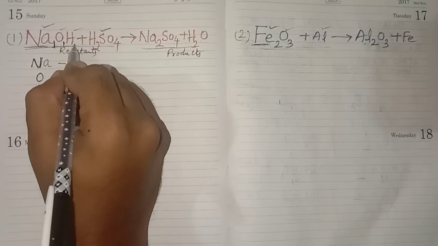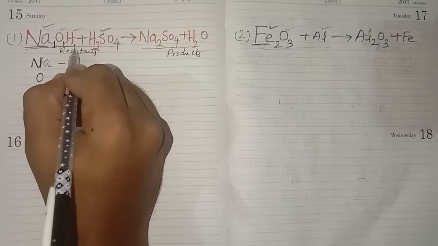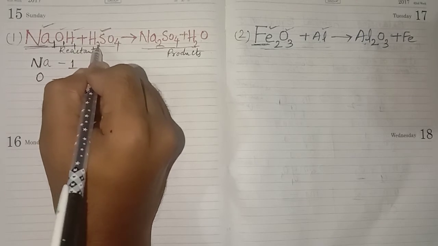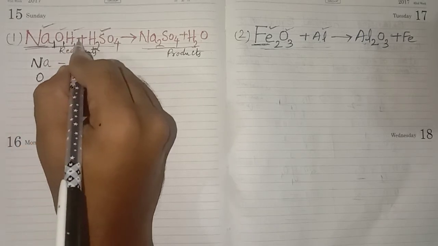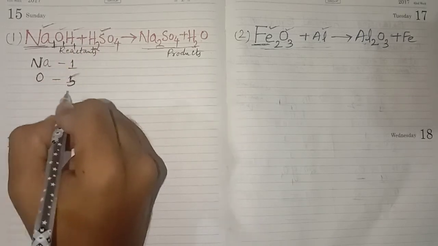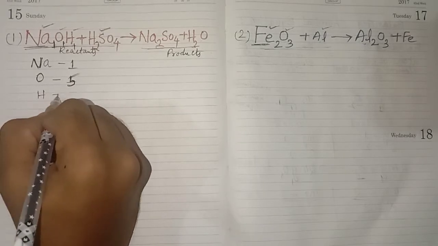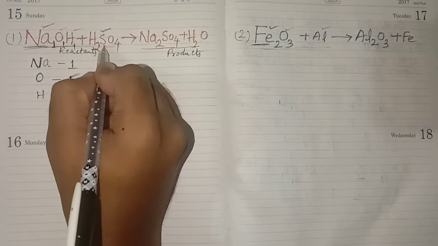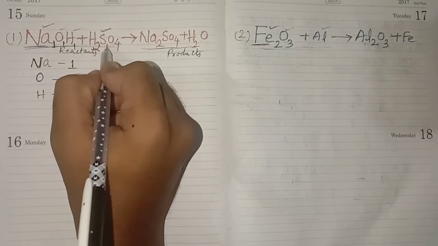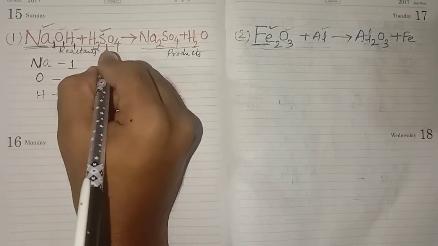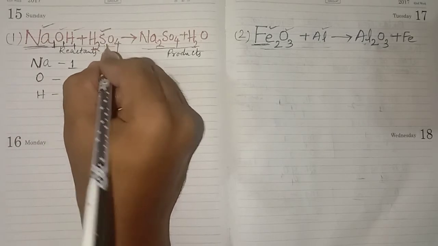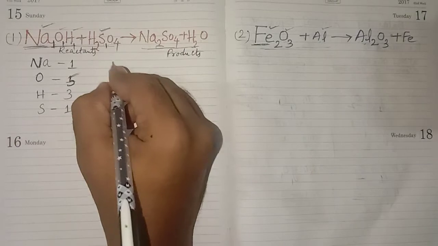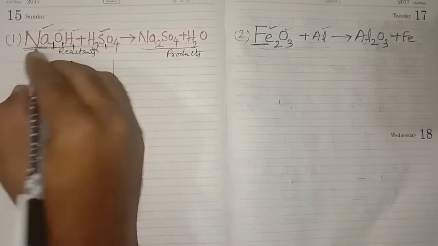Next, hydrogen, if there is no value, 1, plus 2, so 1 plus 2, totally 3 hydrogen atoms. Next, sulfur. If there is no value, we need to consider 1. So sulfur is 1. So these are the number of atoms at the reactant side.